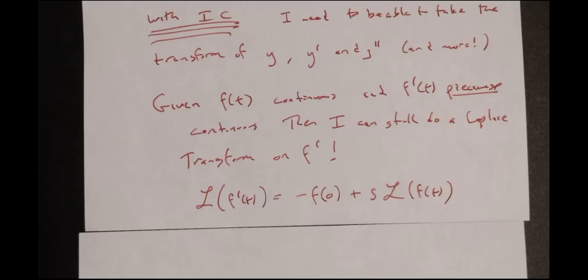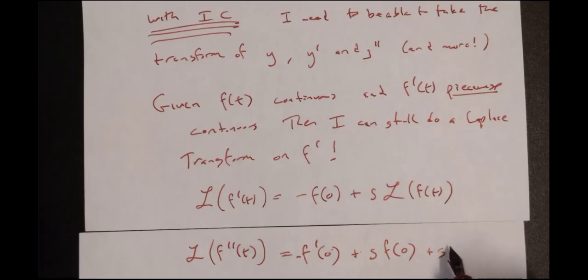If I do it again for a second derivative, well then, I don't end up with f of 0. I end up with f prime of 0. I also end up with f of 0, but there's an s next to it.